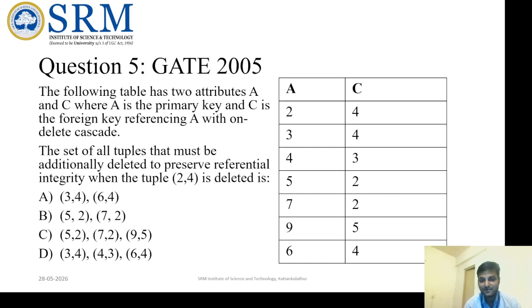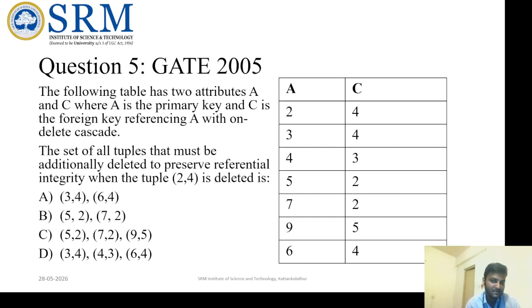In this question, a table is given where two attributes are there, A and C, where A is the primary key. C is the foreign key referencing A with on-delete cascade. The set of all tuples that must be additionally deleted to preserve referential integrity when the tuple 24 is deleted is.